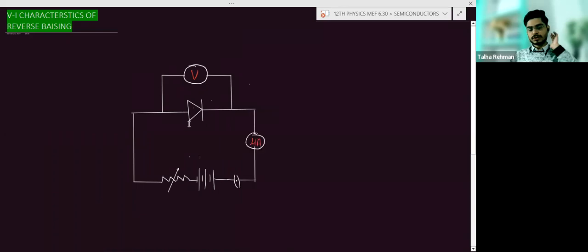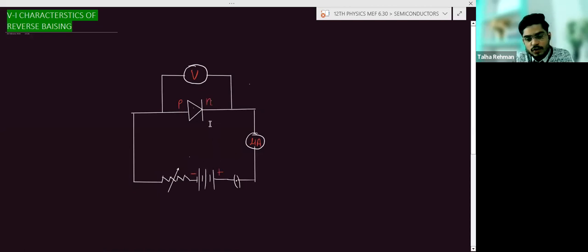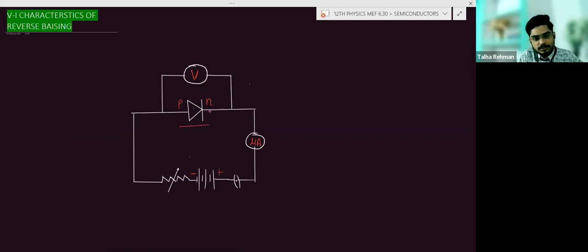So now this is reverse biasing. The negative terminal is connected to the P side, and the positive terminal of the battery is connected to the N side. What is the direction of the potential difference? From N to P, in this direction, V0.